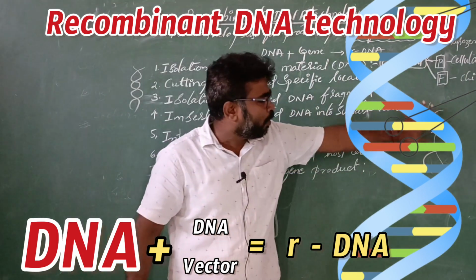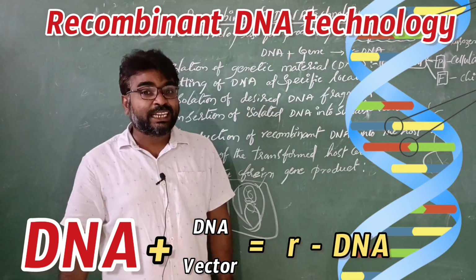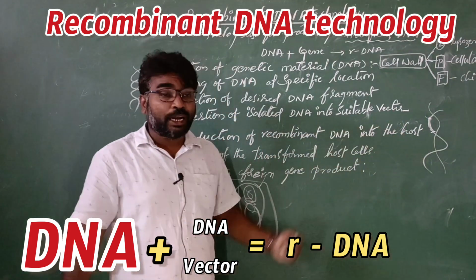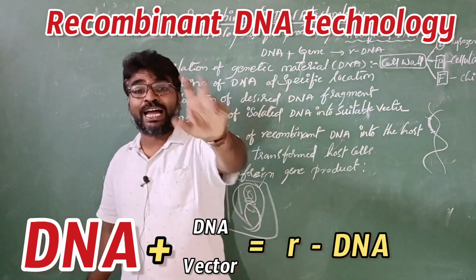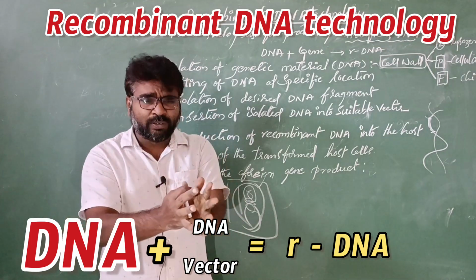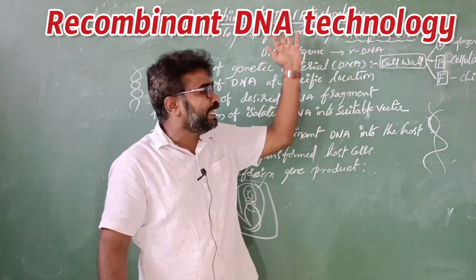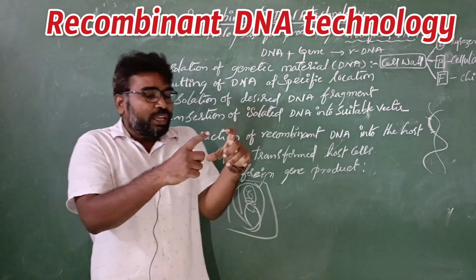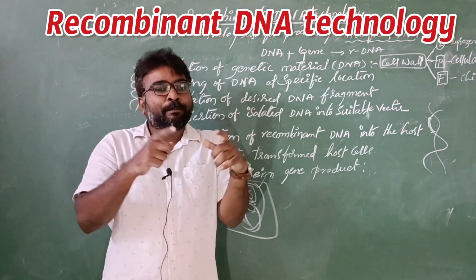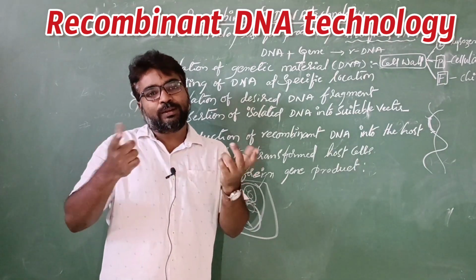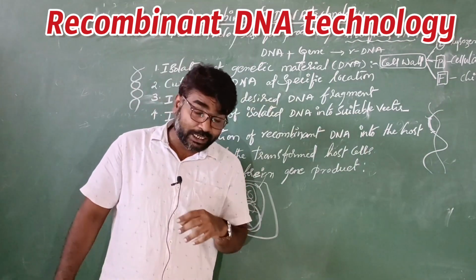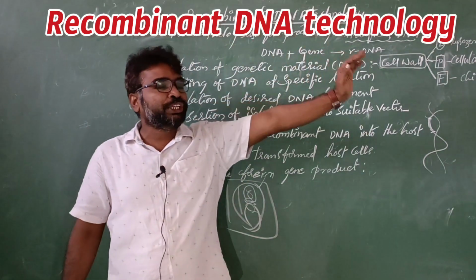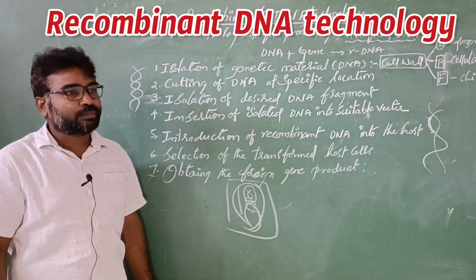We don't require all the information. At that time, how can we cut it and paste it into another DNA? That technology we call recombination technology. We have to cut and paste into another DNA. That process we call recombination DNA technology.